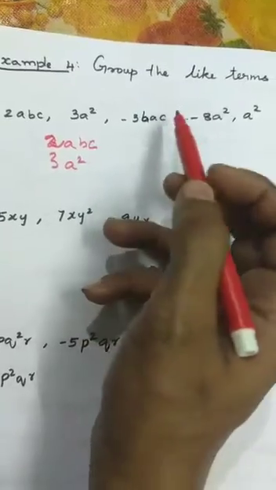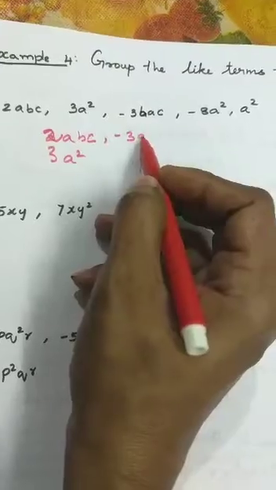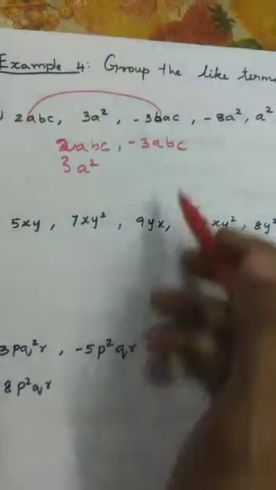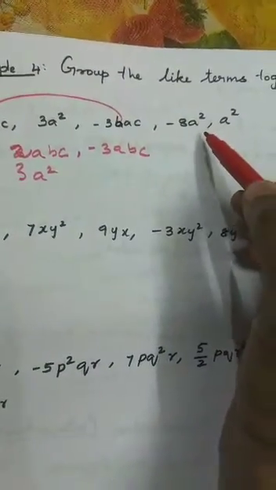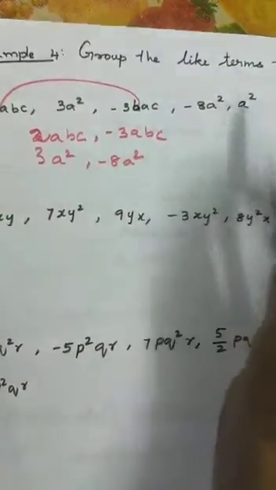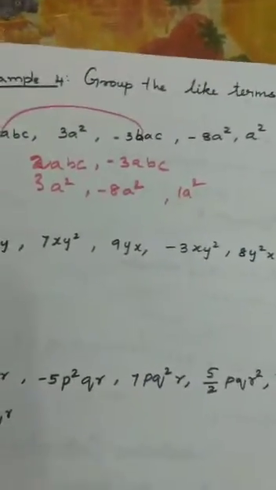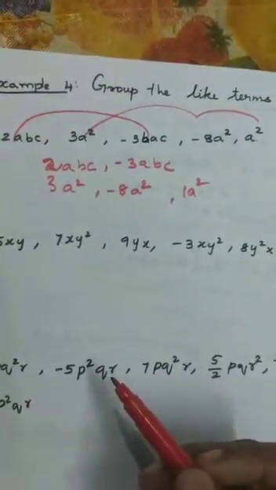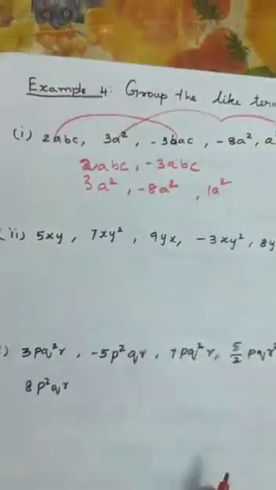So ABC can be said as BAC. So, comma minus 3ABC. These two are like terms. See next one, 3a square. Here minus 8a square. Here also minus 8a square. And then simply a square means that is 1a square. Here also 1a square. So these three are like terms. These two are like terms for the first one.